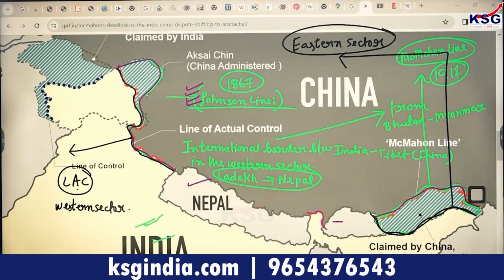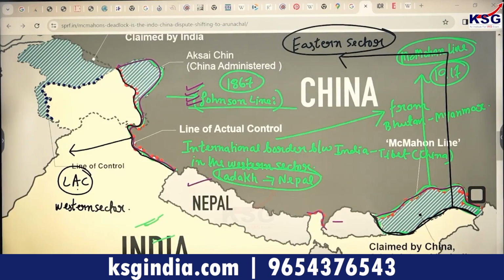So I want you to take an understanding of what is our political position upon the matter with regard to the Johnson line and the McMahon line, right? The Johnson line in 1867 and McMahon line in 1917, which was signed between the Britishers and the Tibetans.